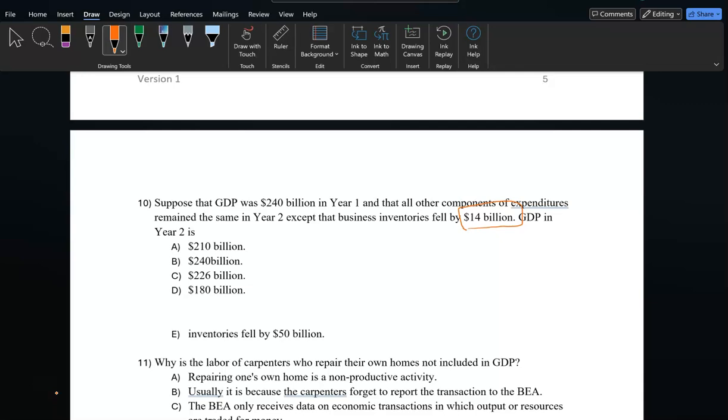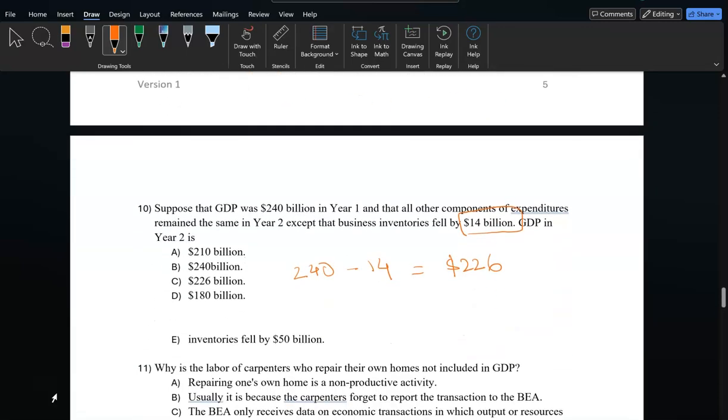It did that by selling goods produced in prior years. Unless corrected, these expenses will overstate GDP. I'm going to subtract 14 billion from 240 to get the correct value, and our answer for this question would be $226 billion. So is this one.